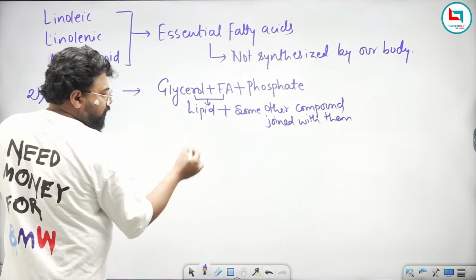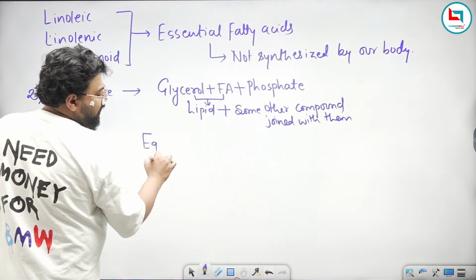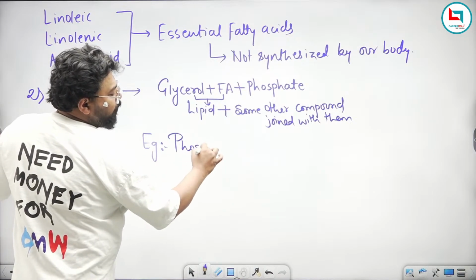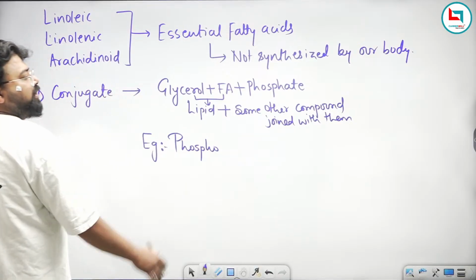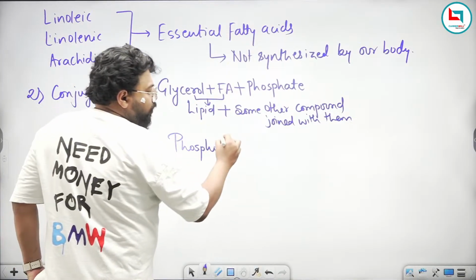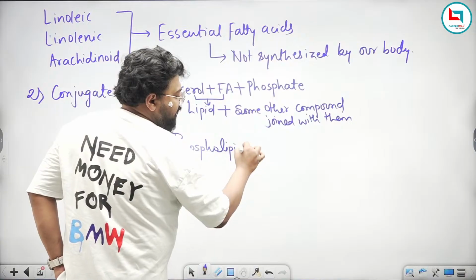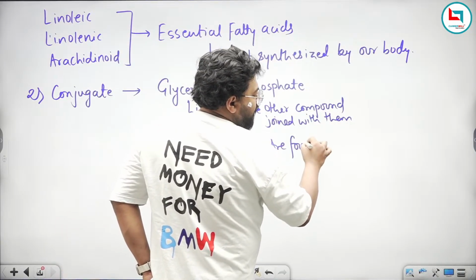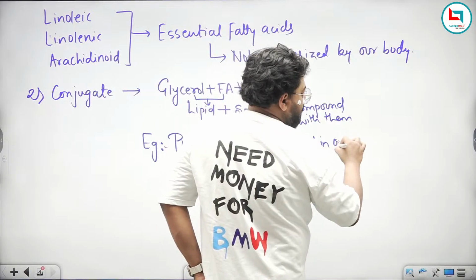Fine. The basic example which is present in our book is phospholipid, as phosphate groups are joined with these lipid molecules. Basically these phospholipids are found in our cell membrane.